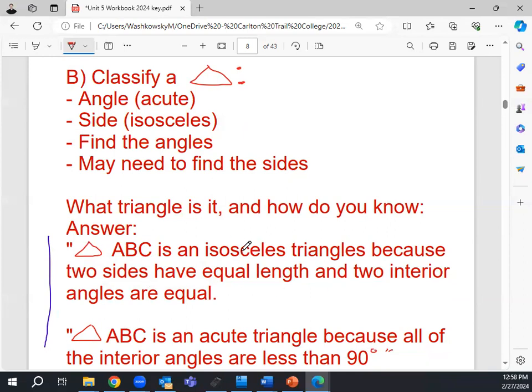And again, this is still a wordy way of doing it. You could say it's an isosceles acute triangle because all the angles are less than 90 degrees and you have two equal sides and two equal angles. And that would be fine too.